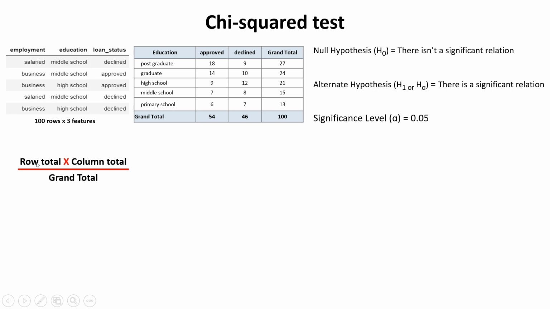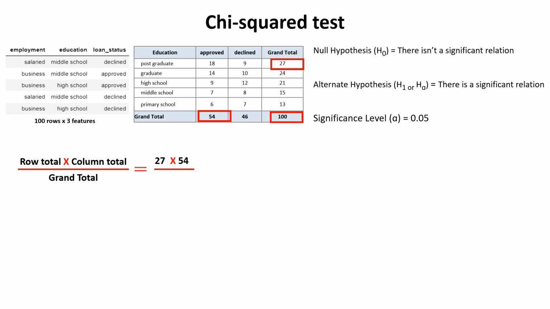To find that, what we're gonna do is we're gonna take row total multiplied by column total and divided by grand total. Which values are those? Those are 27, which is row total for postgraduate, then 54, which is column total for approved.